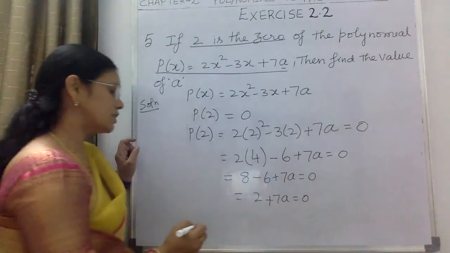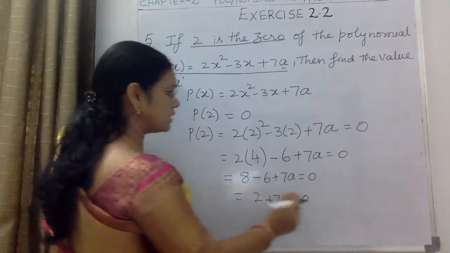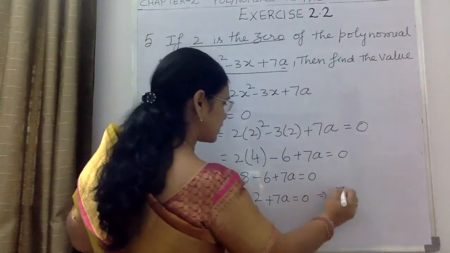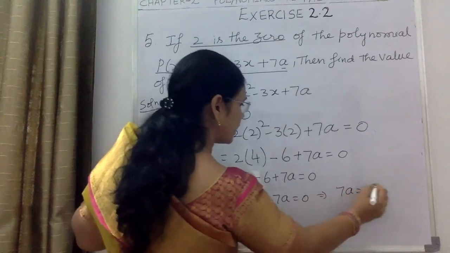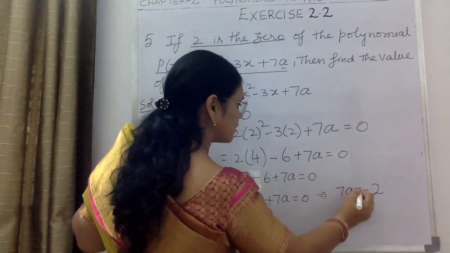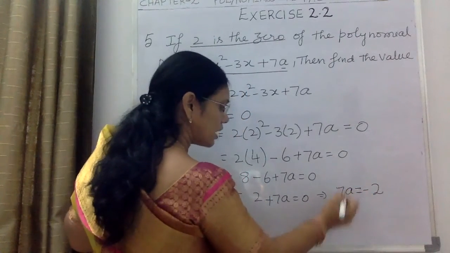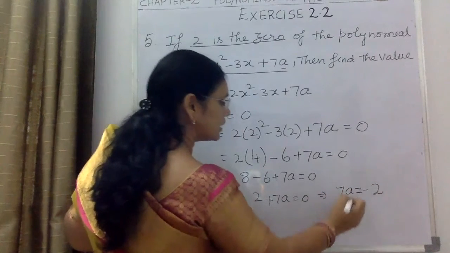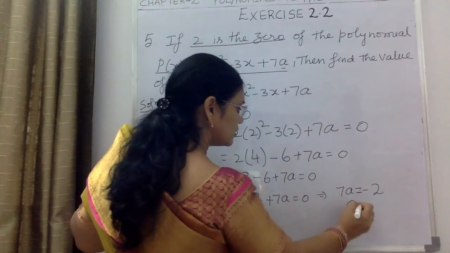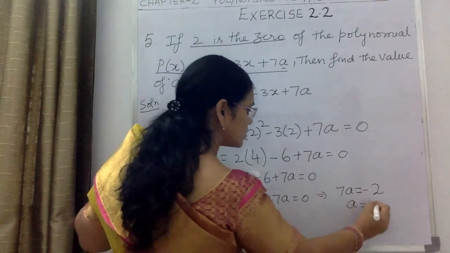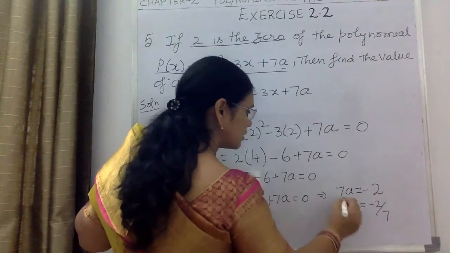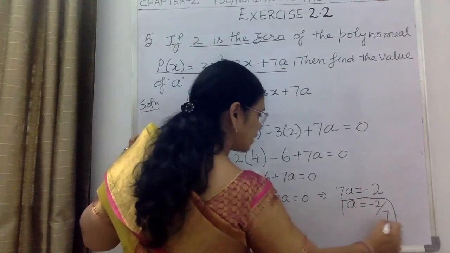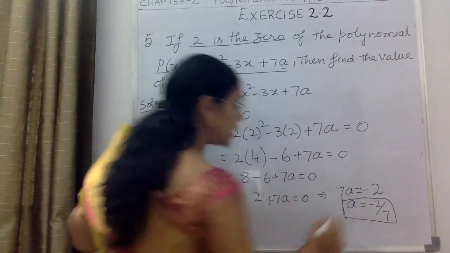Transpose 2 to the other side: 7a is equal to minus 2. Again, transpose 7 to the other side of the equals symbol. a is equal to minus 2 by 7. This is the value of a.